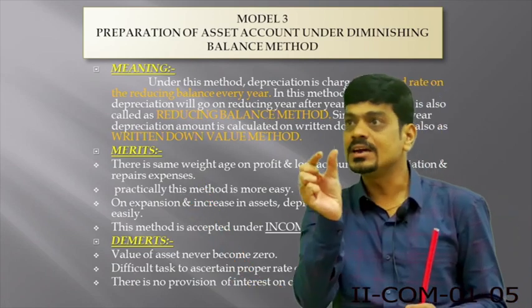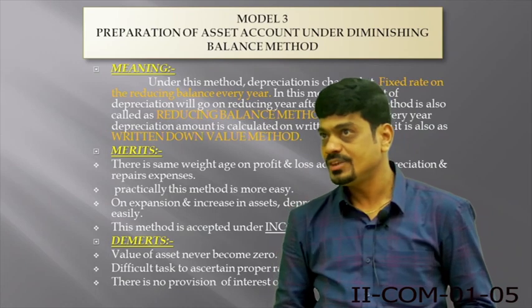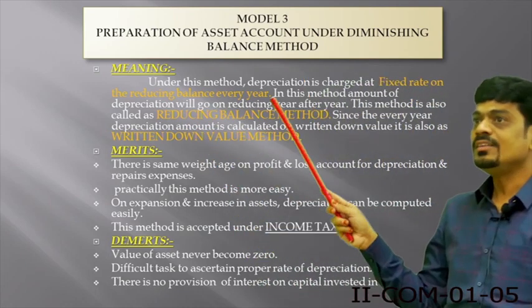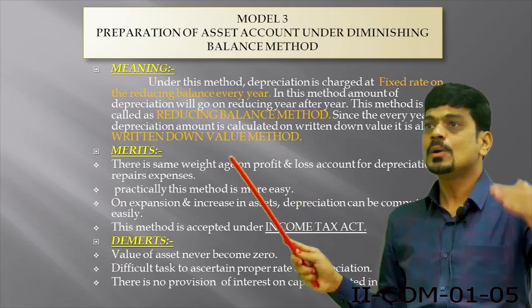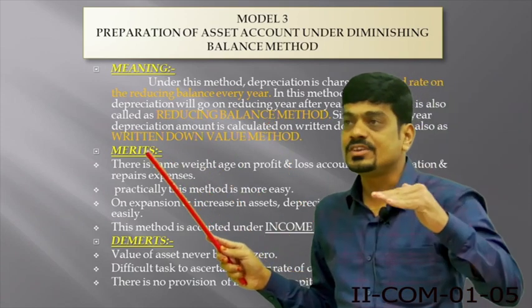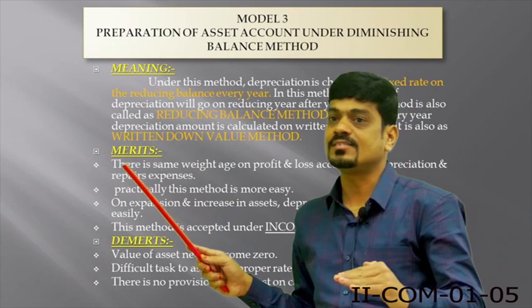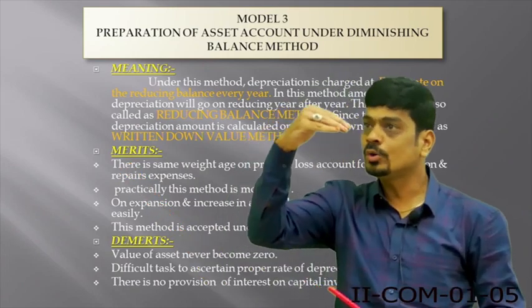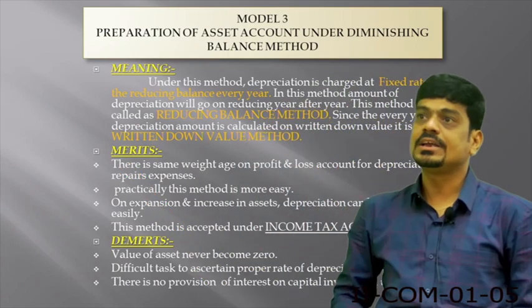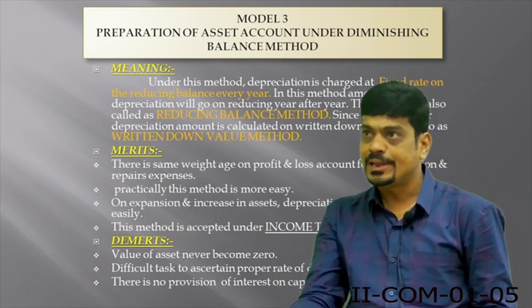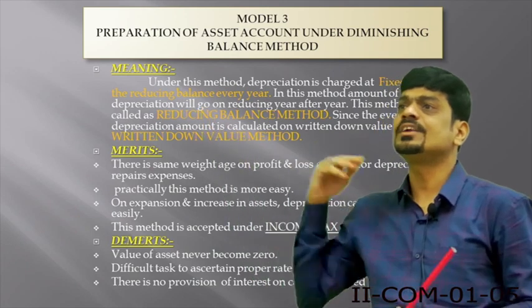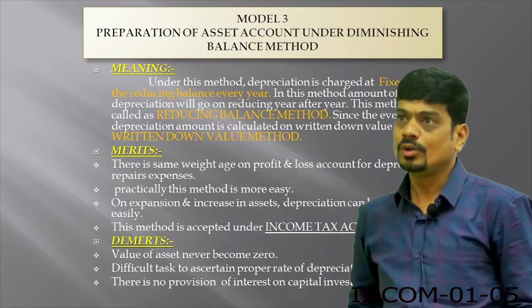So every year we calculate separate depreciation. Why is it called reducing balance method? Because we calculate depreciation on the reducing balance of the asset, and moreover the amount of depreciation is also decreasing. And since we calculate on the written down value, we call it written down value method also.